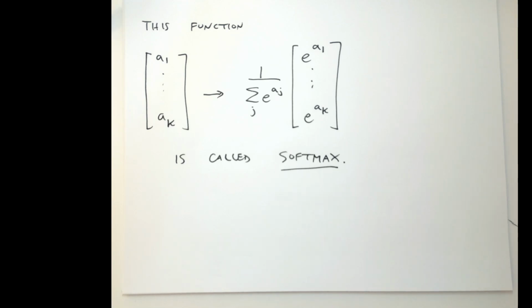And we'll see this again for sure. The reason that we like to do this is it takes a set of arbitrary numbers and maps it into a vector that adds up to 1 and has numbers that can be interpreted like probabilities.